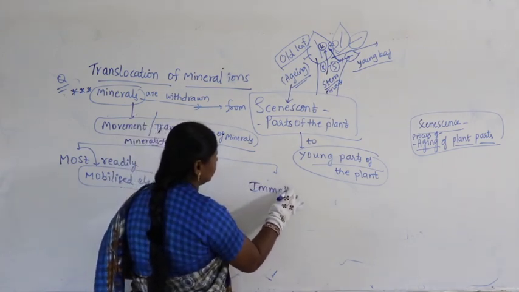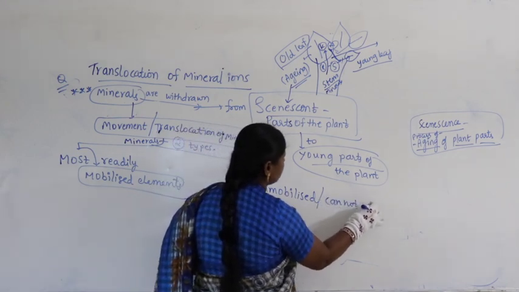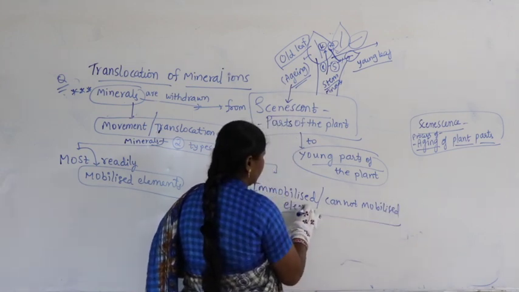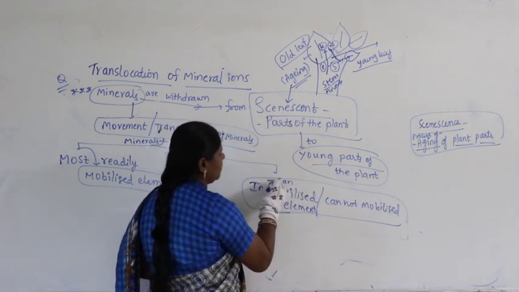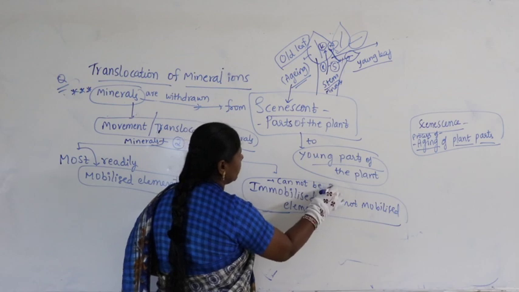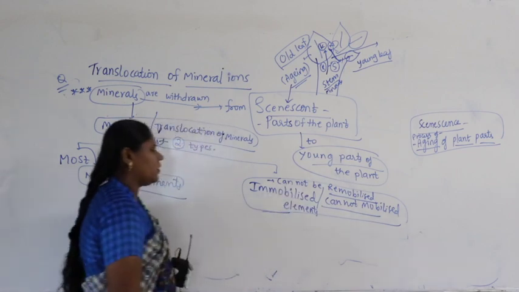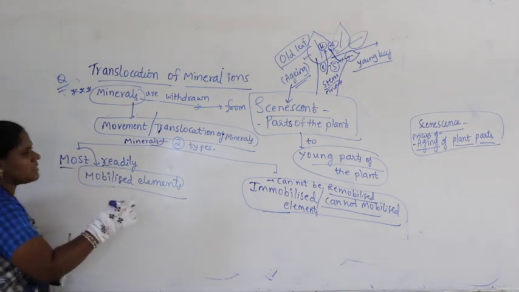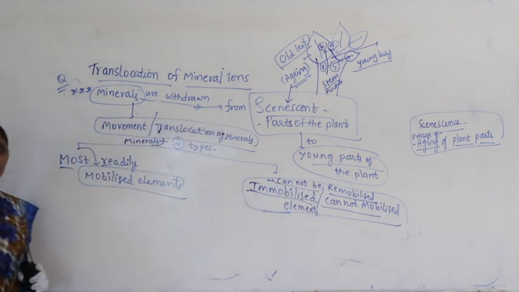Immobilized elements, or cannot be mobilized elements, which cannot be remobilized. So we have two categories. Actively mobilized means most readily mobilized elements. Some cannot be mobilized, cannot be remobilized. They are called immobilized elements.